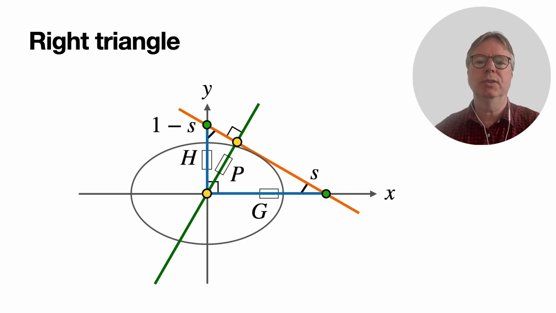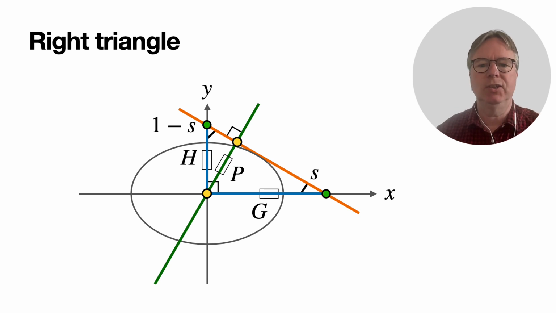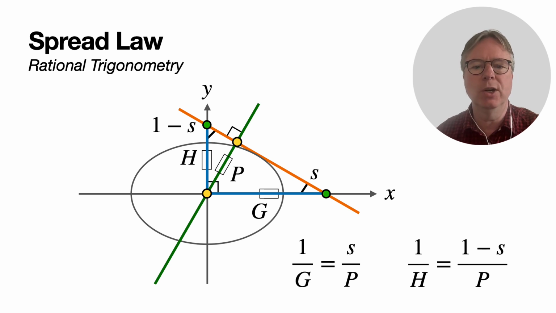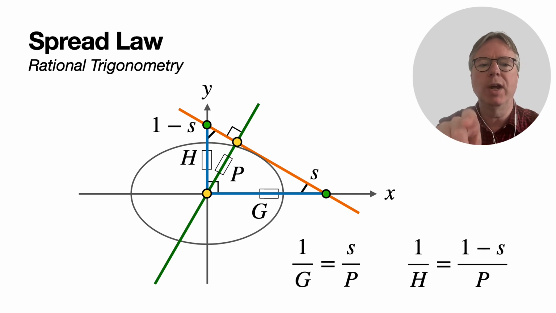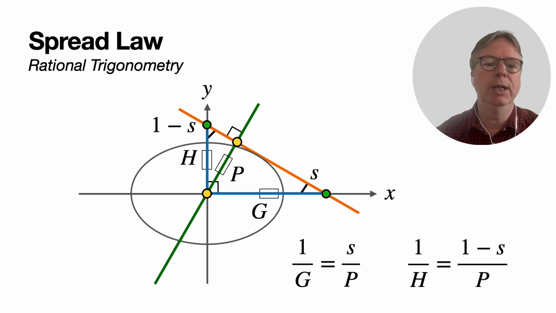Because that triangle is a right triangle, the opposite spread is 1 minus s. Now we can apply the spread law from rational trigonometry. If you look at the smaller triangle on the right with p and g, applying the spread law, 1 over g is s over p. Similarly for the smaller triangle on the left, 1 over h equals 1 minus s over p.